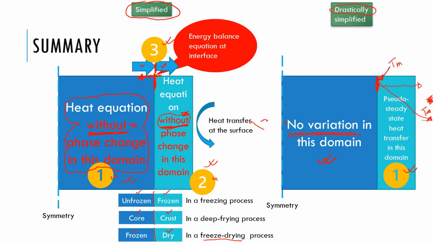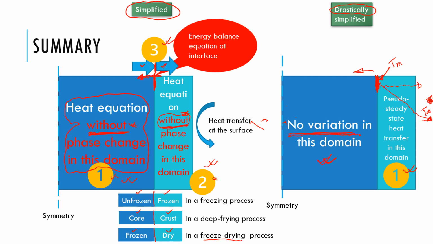That gives us the rate at which heat is being transferred, and that gives us the rate at which this interface will move. So again, in this case, we can find the rate at which the interface moves. That's kind of telling us at what rate it is freezing or frying, let's say.